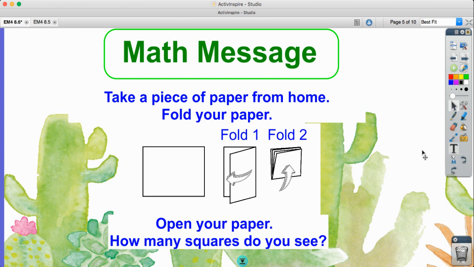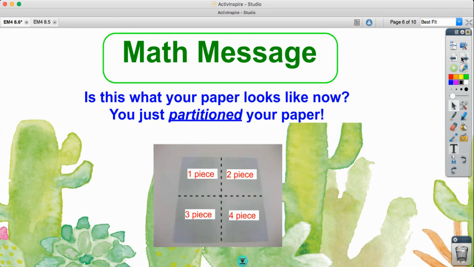Then, fold your paper up. Open your paper. How many squares do you see? Is this what your paper looks like now? You partitioned your paper.